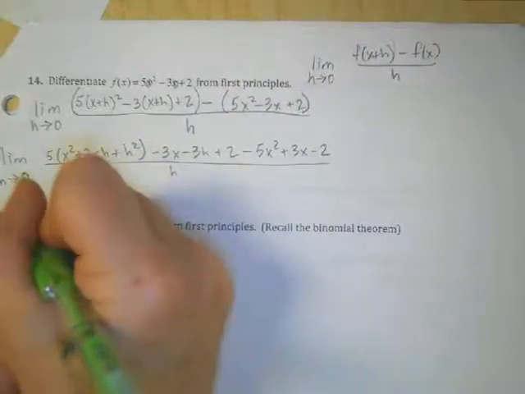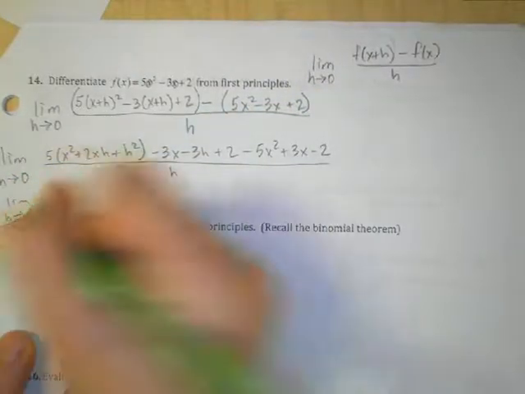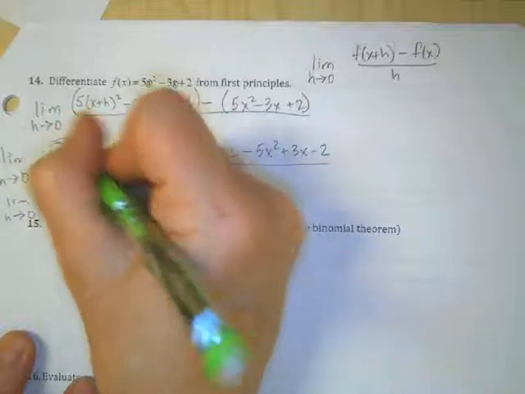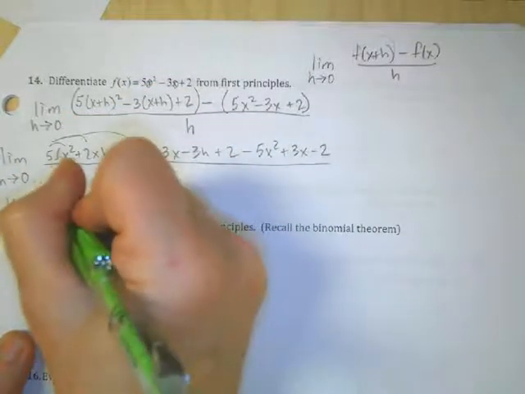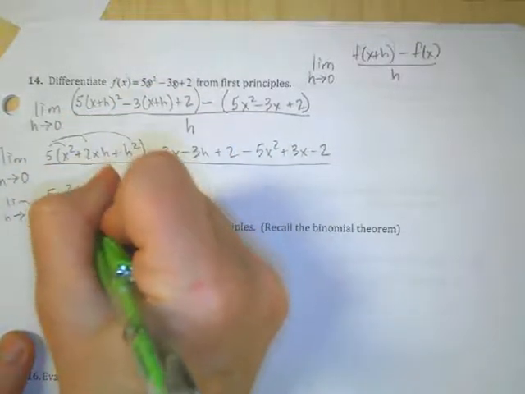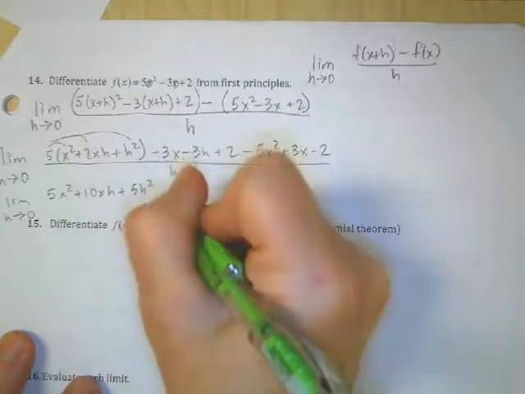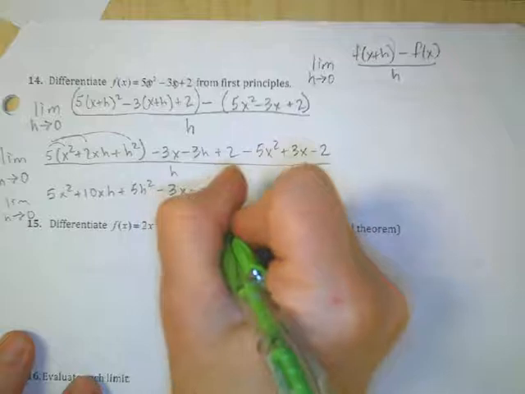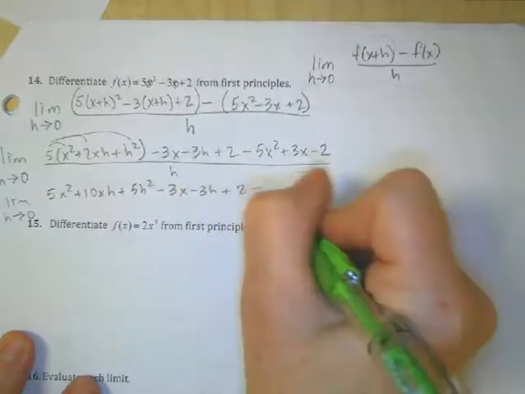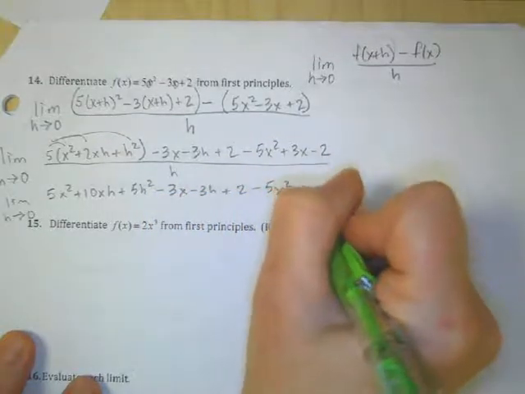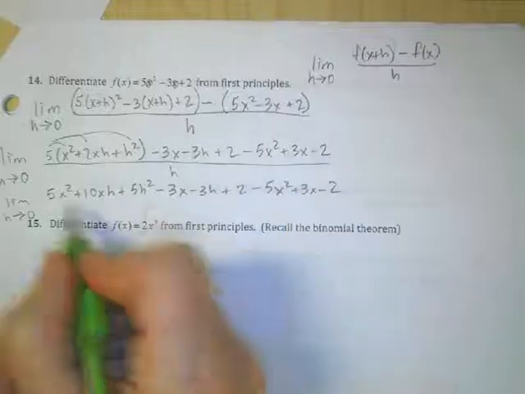So again, the limit as h approaches 0, and distribute this. I get 5x squared plus 10xh plus 5h squared minus 3x minus 3h plus 2 minus 5x squared plus 3x minus 2, all divided by h.